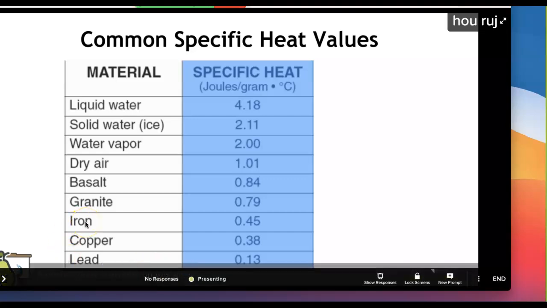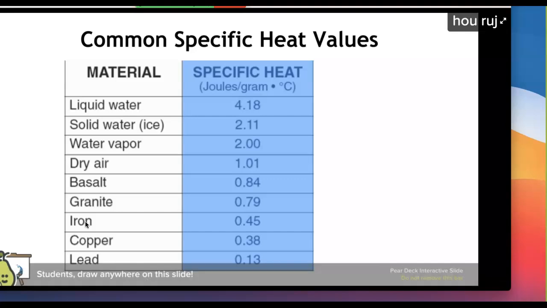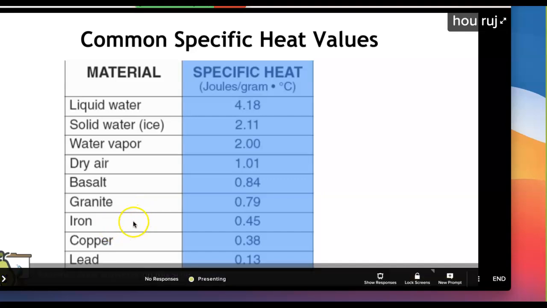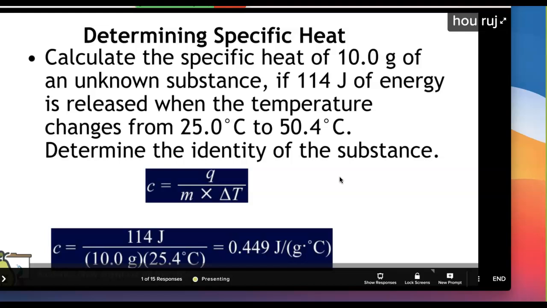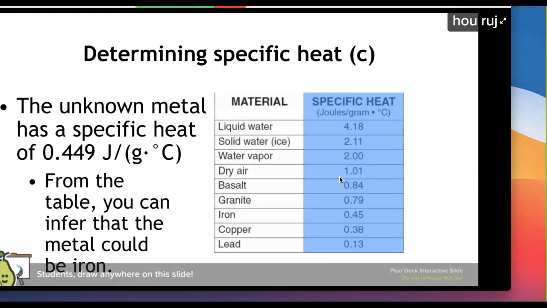So it's probably iron based on this data. If you round 0.449, it would be 0.45. This is most likely iron.